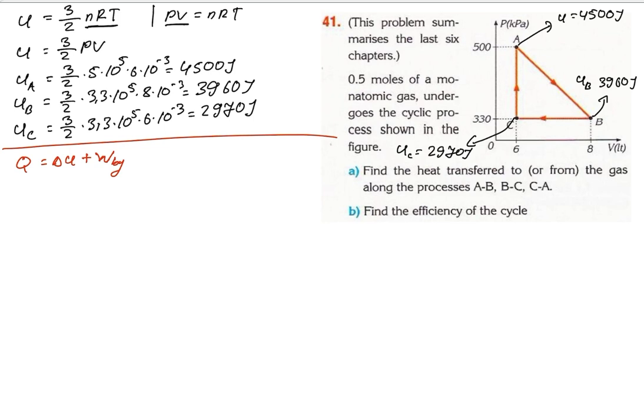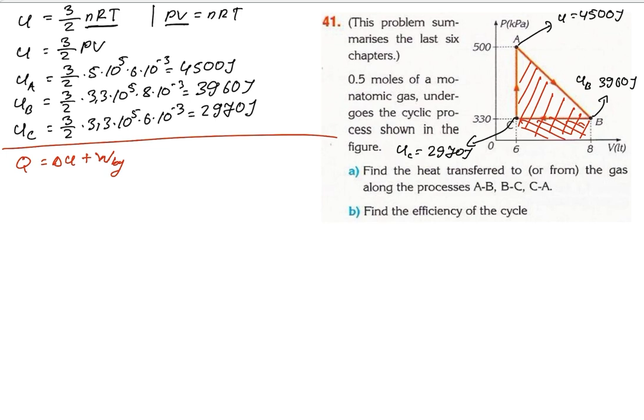If it is compressed, that means it will be work done on the system. So let's solve it. Here, instead of converting kilopascals and liters into pascals and meters cubed, we will just neglect them, because when we multiply them, they just get rid together. That's why I will just multiply the numbers given.